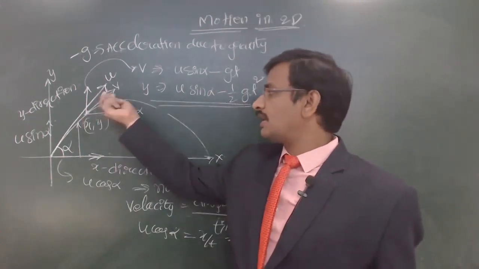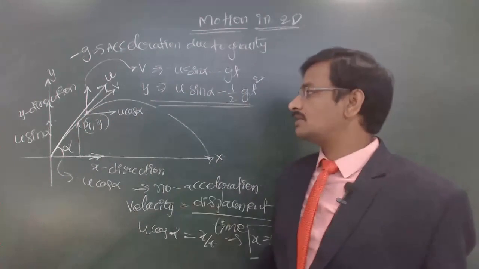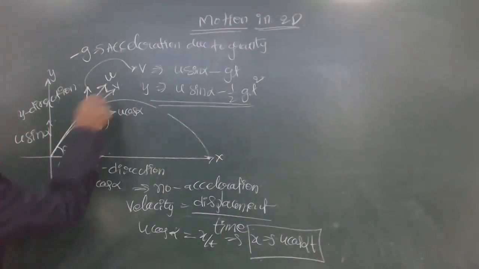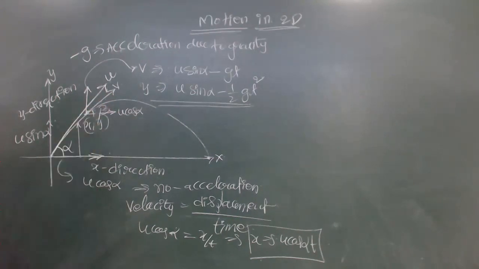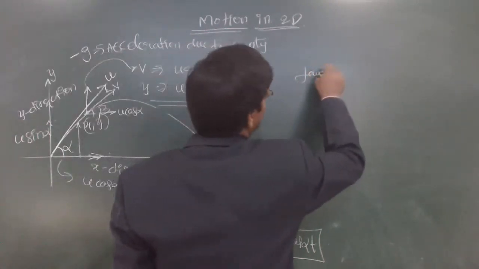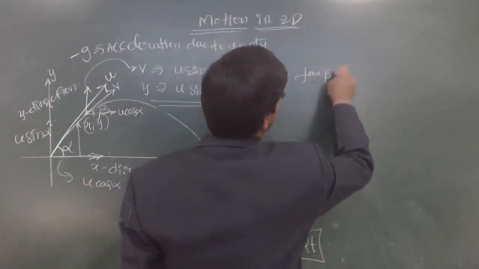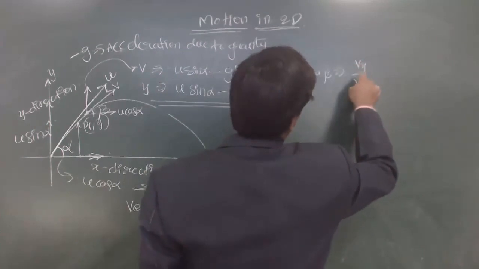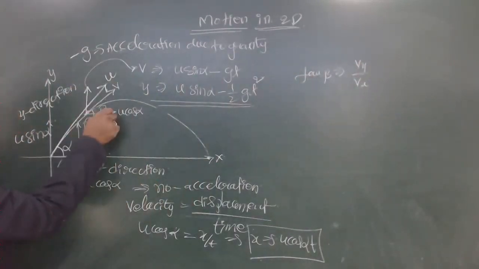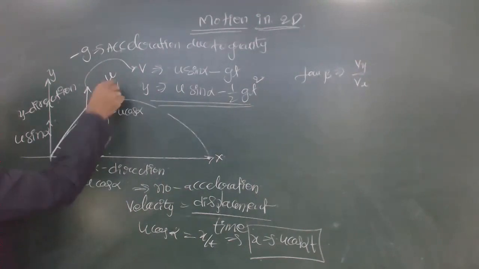Now, with what angle with respect to the horizontal is it traveling at any instant, if you ask? This angle is the alpha direction. I call this beta because alpha is already used. If I calculate beta, then tan beta equals Vy by Vx, because Vy is this component and Vx is this component, and this is the direction of the velocity.